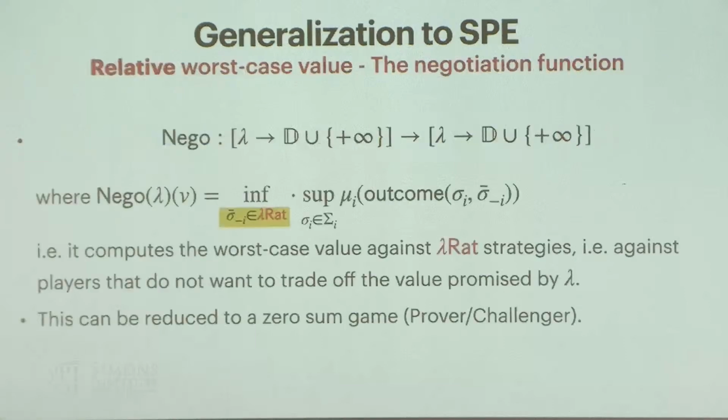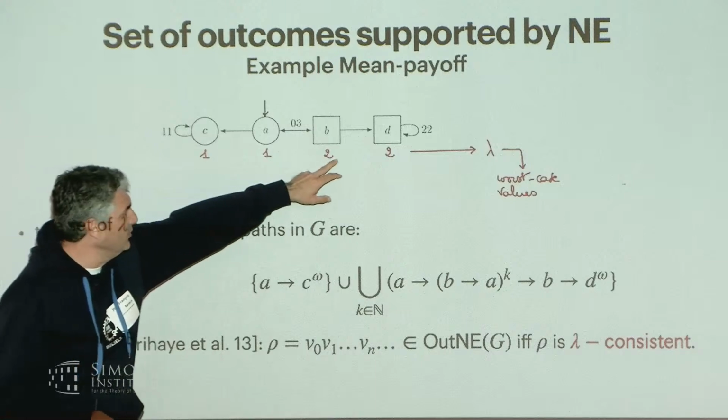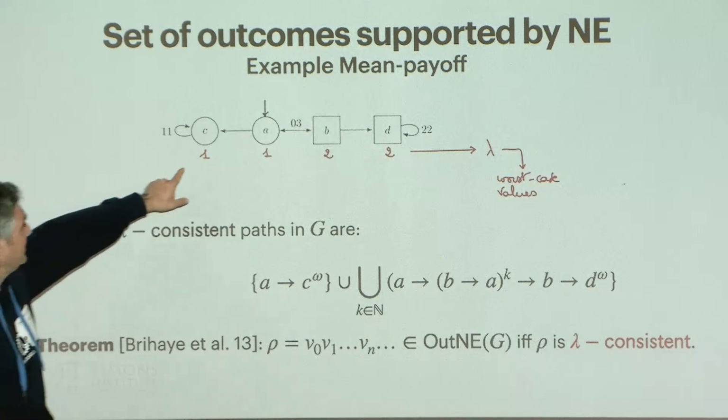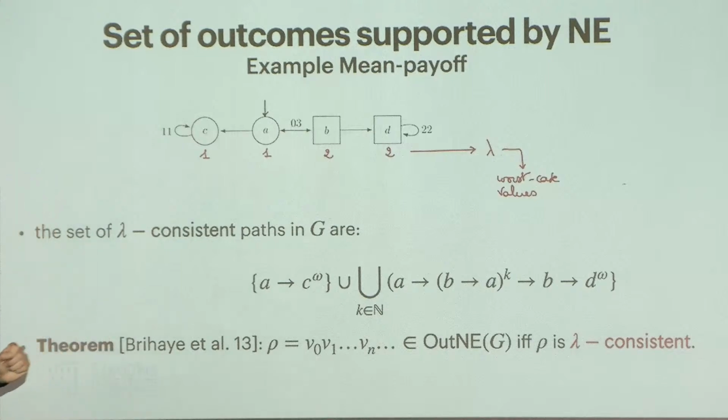So the question is, when we have this worst case value, can we improve it if we are not facing adversaries that are completely adversarial when we deviate, but that should behave rationally? Given this, can I improve the value that is labeling the state?